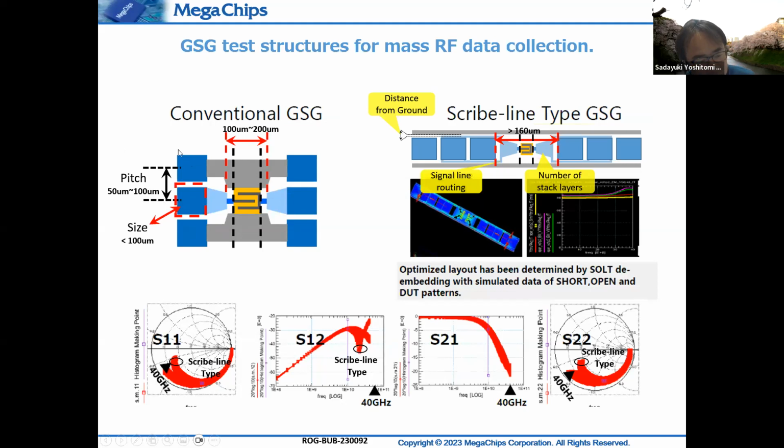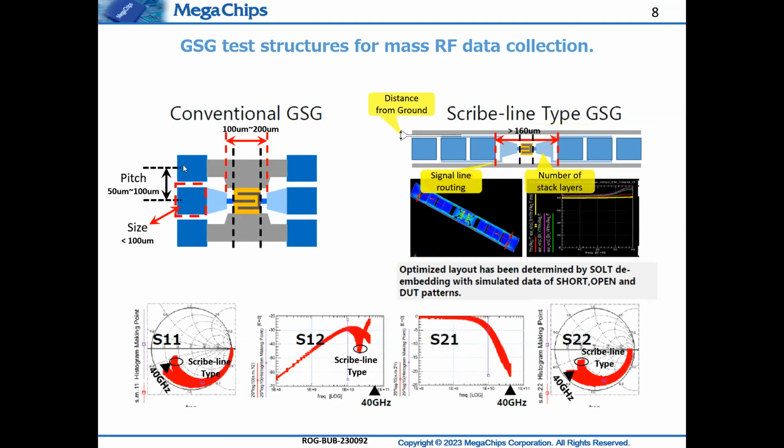Even if you try to measure this transistor, there's a leakage of electromagnetic waves to the patterns which are connected to the neighbors. And this makes measurement accuracy a little bit untrustable. I see.